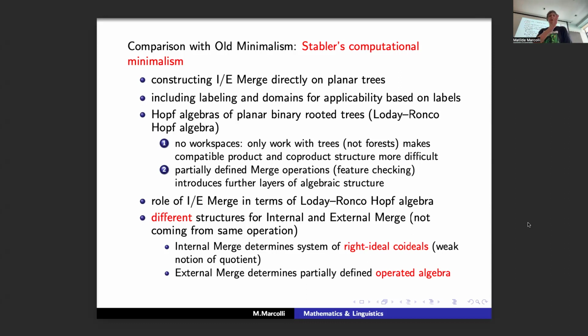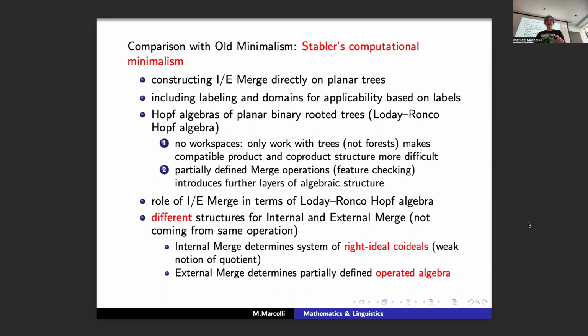I'm going to focus on one particular formulation, due to Stabler, because it was better suited for computational implementations and is a bit more rigorously formulated than the previous steps. But even though this one is clearly described in its various computational steps, the actual mathematical structures end up being a lot more complicated than the one we've seen before.